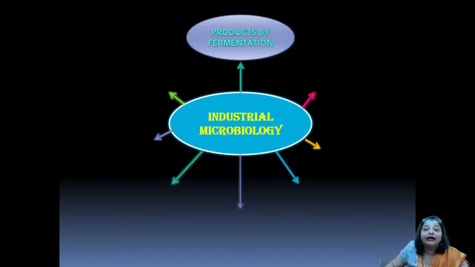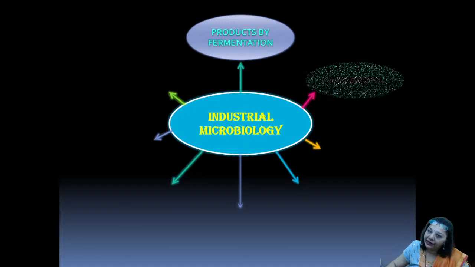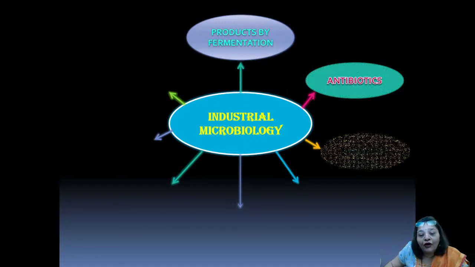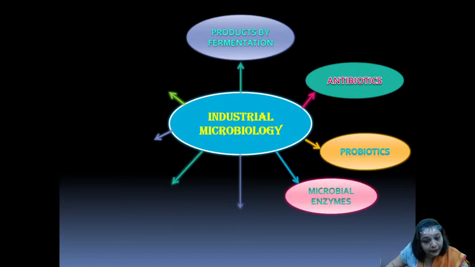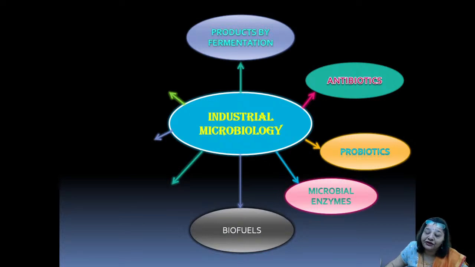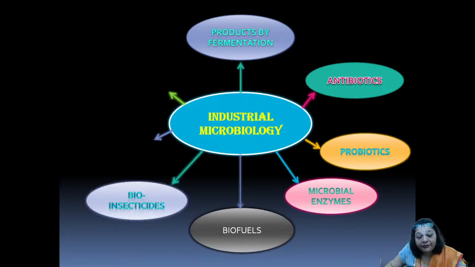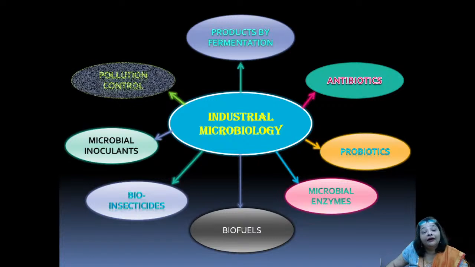We saw in the last session the products formed by the fermentation process. We saw probiotics. We talked about microbial enzymes used in the chemical industry. Then we talked about different products like antibiotics, probiotics.